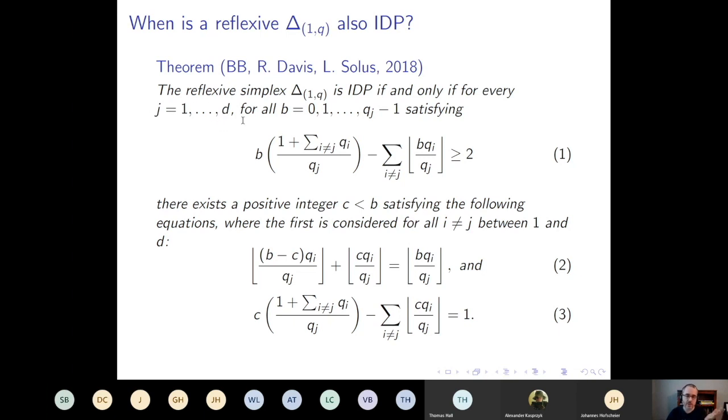What I need to do is show that every facet of delta 1 Q is IDP, and that is what this does. For every facet, I'm going to check IDP, and that's where I'm getting these. What's really happening is I'm saying I need some integer point at height 1 in the cone over that facet. This third equation is telling me I'm at height 1.